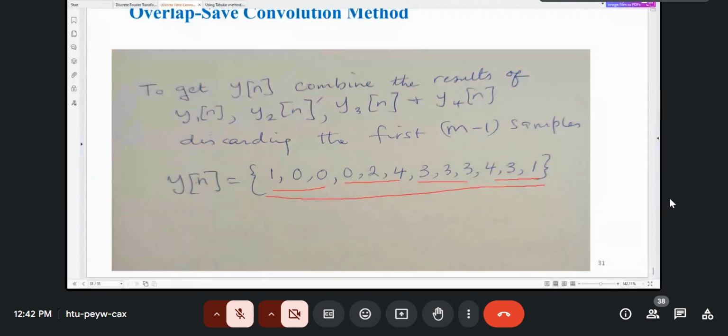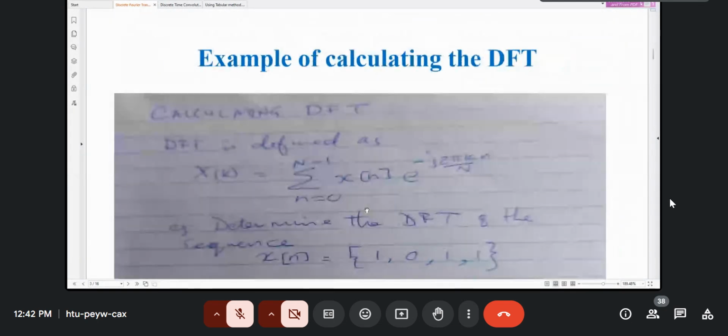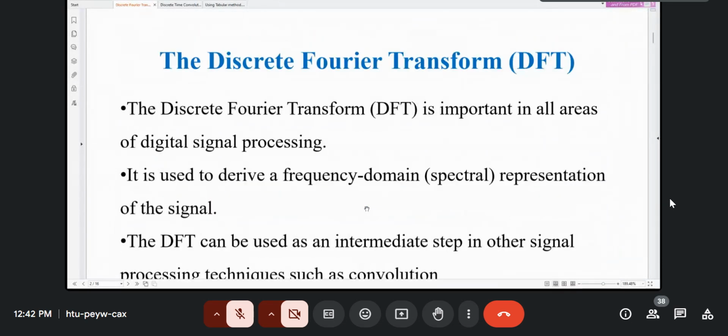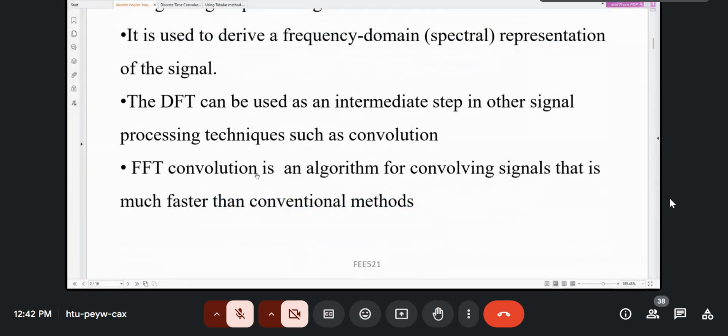So let's see how you get this DFT matrix. You can calculate it the same way from the definition. What is the DFT? In fact, why do we use the DFT? We use the DFT because it enables us to use the FFT.